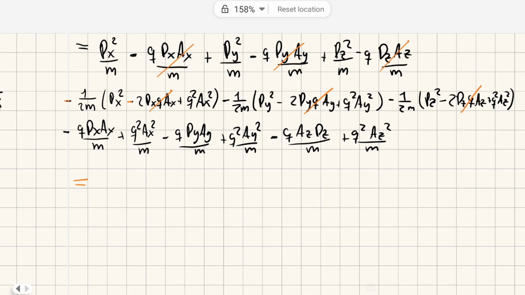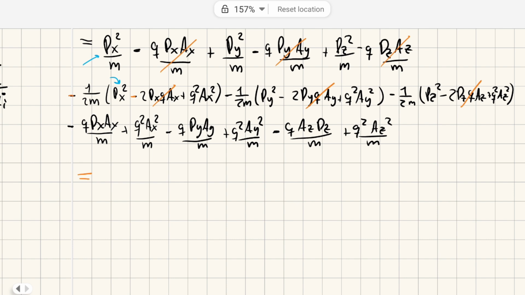For now, there are no other cancellations, but we can simplify a lot of things. For example, let's look at this element and this element. We see easily that px squared divided by m minus 1 divided by 2m px squared is going to be 1 divided by 2m px squared, right?